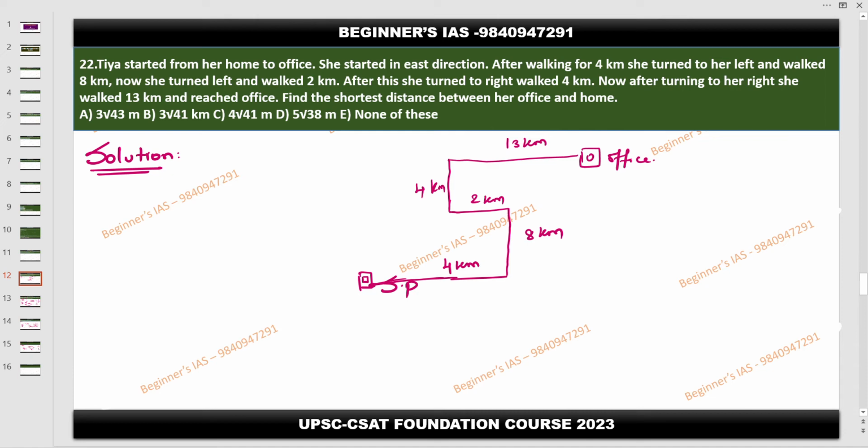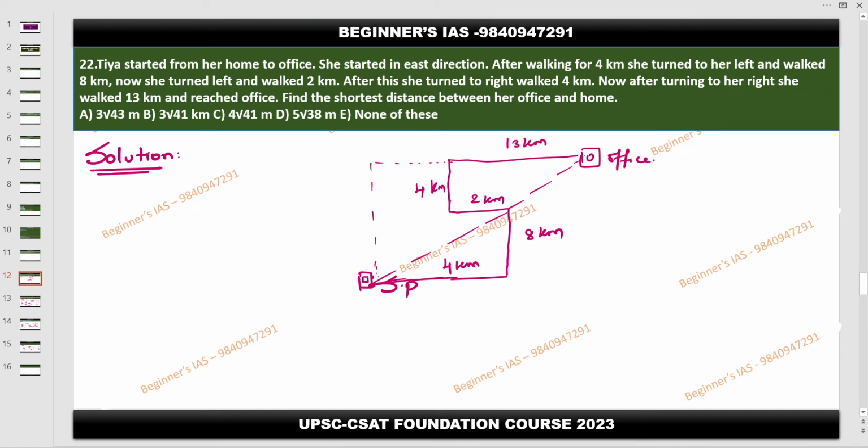Find the shortest distance. So now we need to calculate. This distance is 8 plus 4.